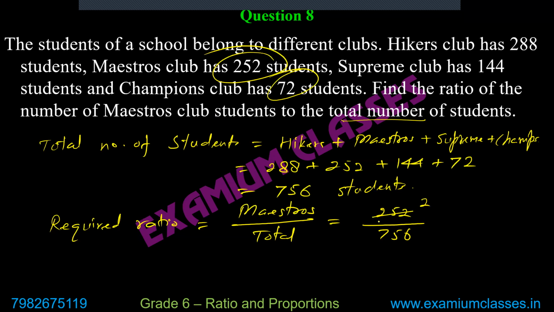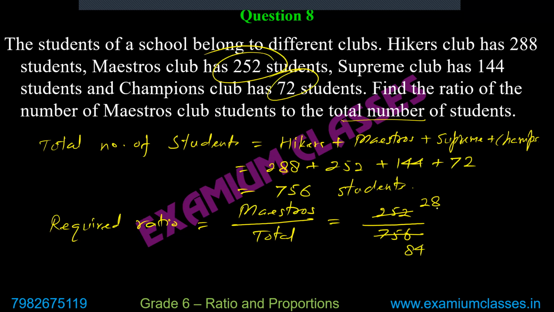So 9 2s are 18, and 9 8s are 72. Then 9 4s are 36.